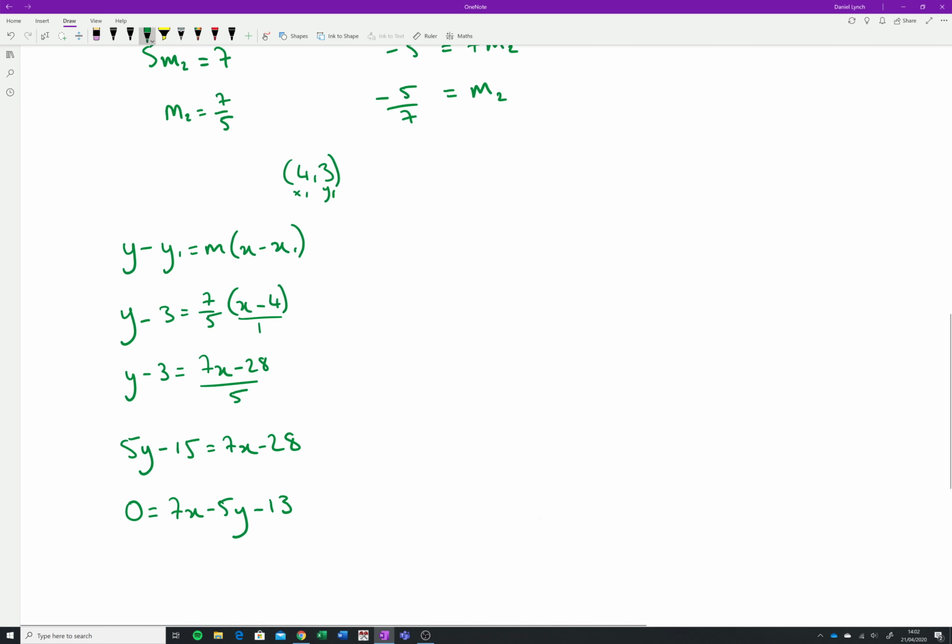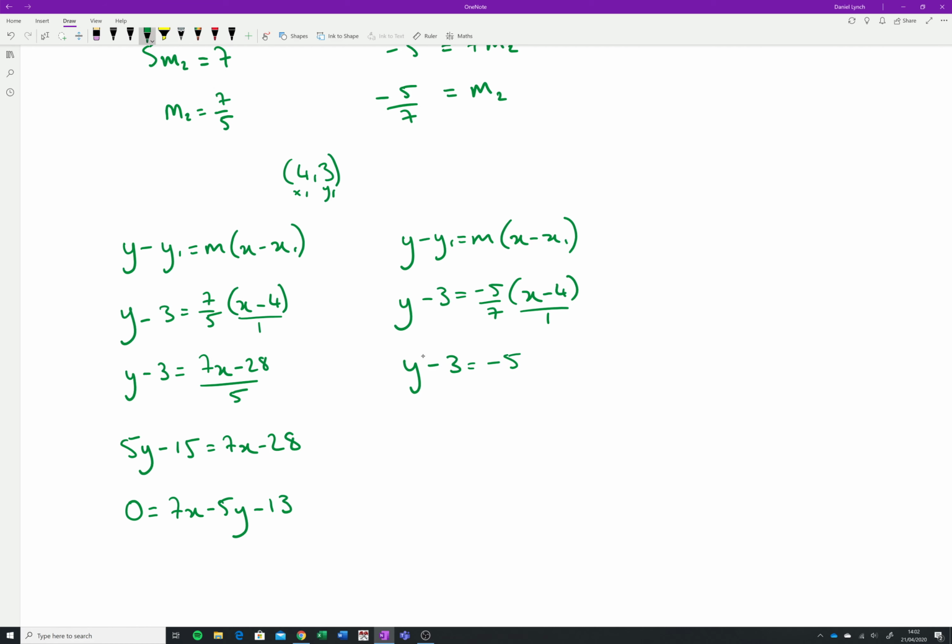Okay, do the same over here. y - y1 equals m times (x - x1). y - 3 is equal to -5/7 times (x - 4). And again, I suggest you write that over 1, it just means you won't make any silly mistake. -5x + 20 over 7.